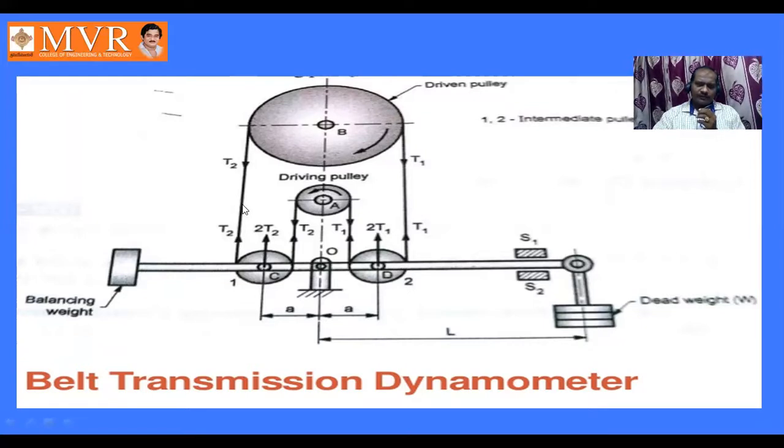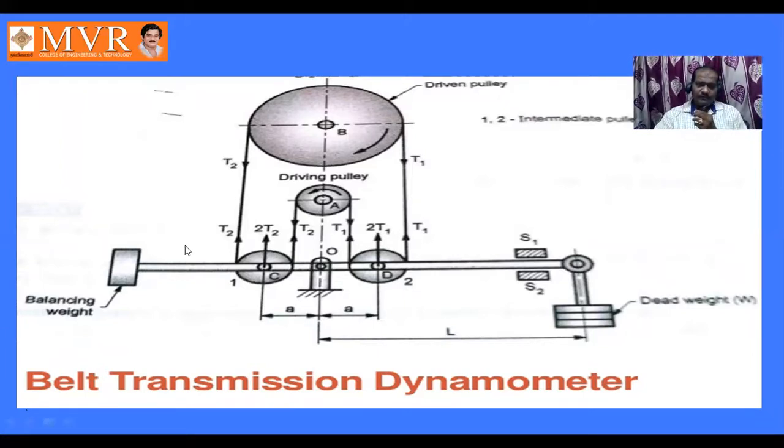On the left side we have T2, on the right side we have T1. That means one is the tight side and one is the slack side. T1 is called the tight side and T2 is called the slack side. If the rotation is opposite, T1 and T2 are exactly reversed.